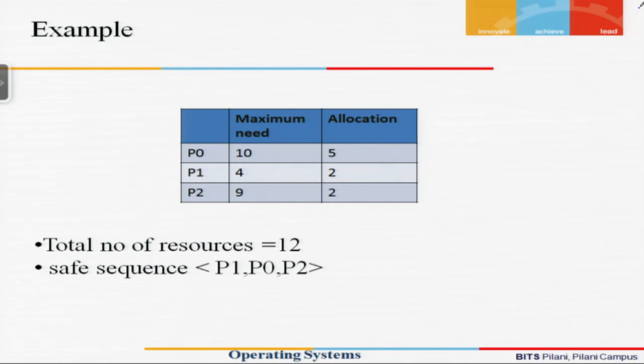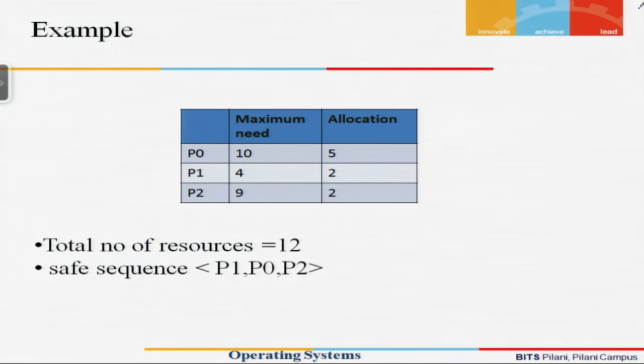This is the maximum requirement, and we should understand that once the maximum requirement of a process has been found out, these processes are not going to request more than their maximum requirement.